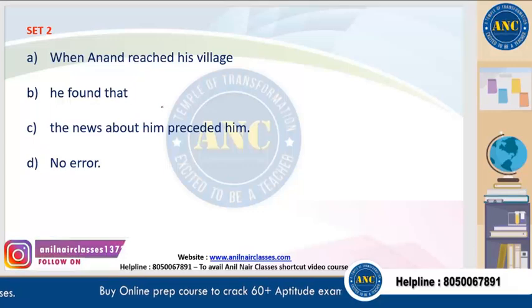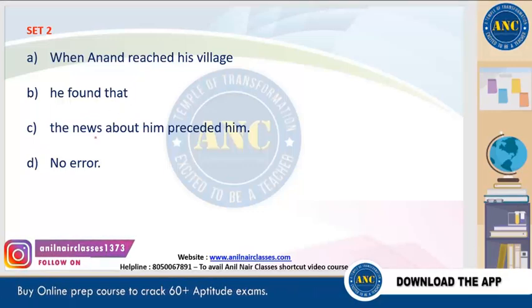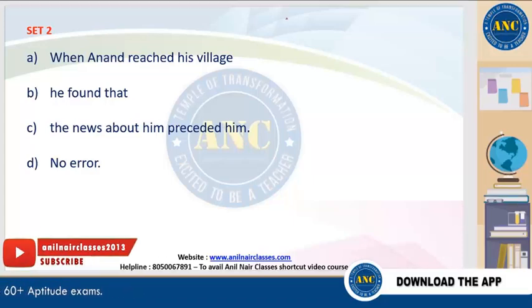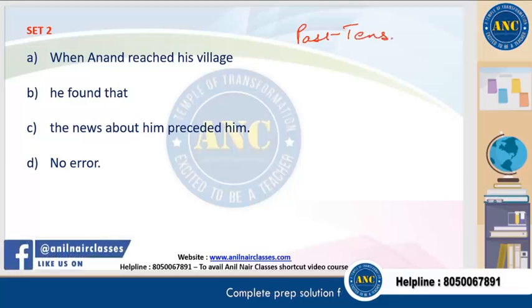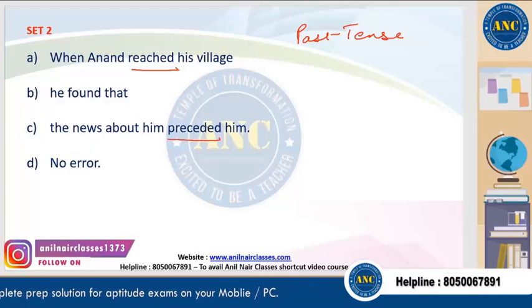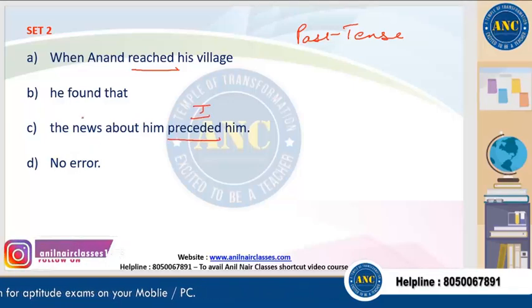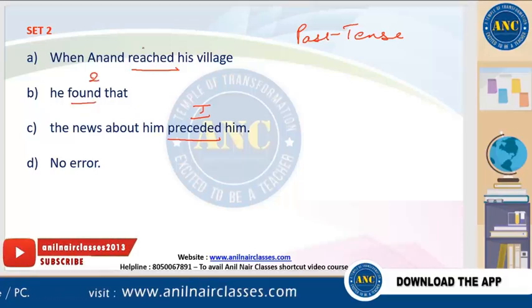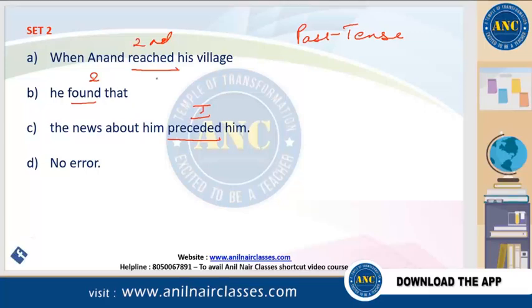Next one. When Anand reached his village, he found that the news about him preceded him. Now there are 2 events which have happened in the past, right? So the sentence is in the past tense. When Anand reached the village, he found that the news about him preceded. So the first action is this, right? The others are second actions. So "found" and "reached" are the second actions, in the simple past, that is fine.